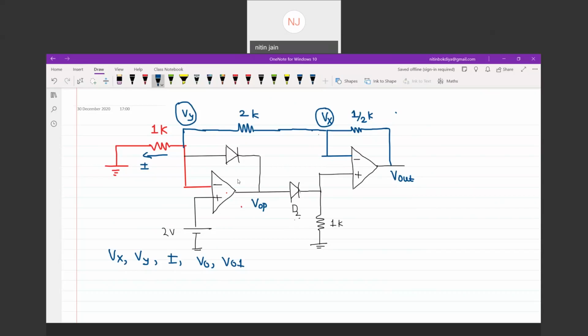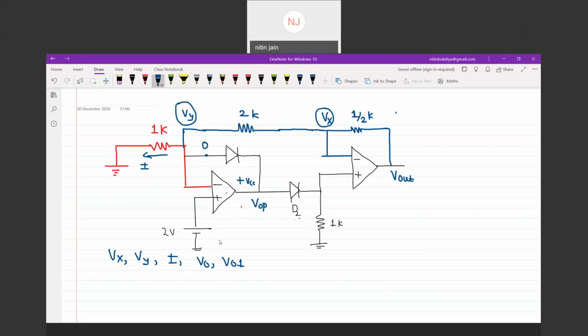Let's apply the open circuit test and check whether this diode will conduct or not conduct. If I apply open circuit, the value here will be 0. And this will be plus VCC because the output is positive.